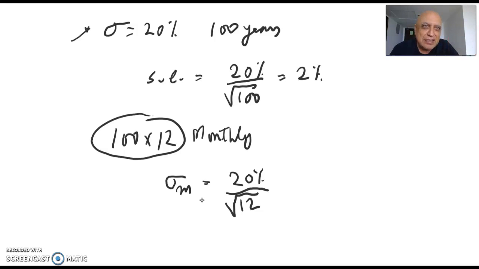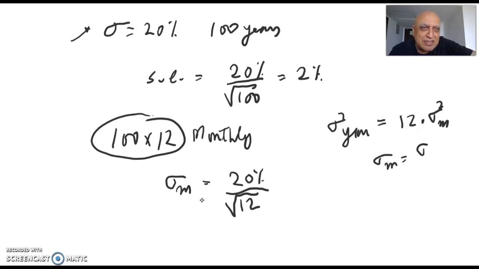So yearly variance, sigma square per year, is going to be 12 times sigma square per month. So sigma m is just sigma per year divided by square root of 12. So that's what monthly observation gives me.